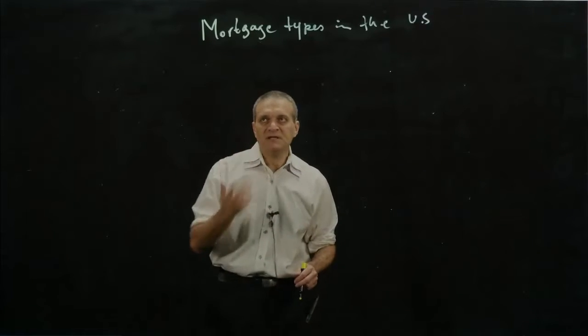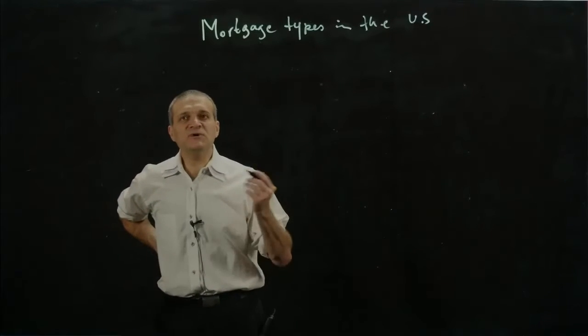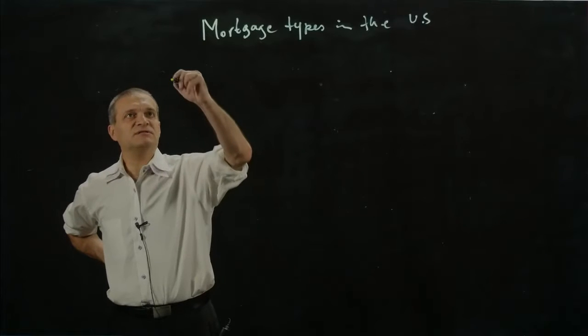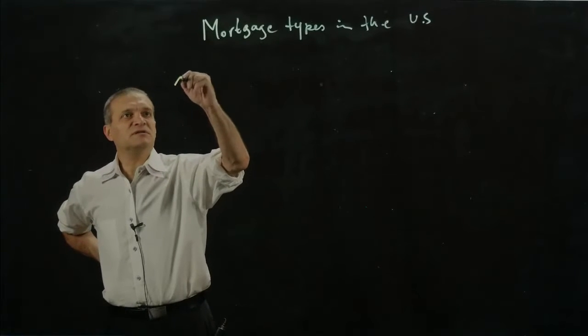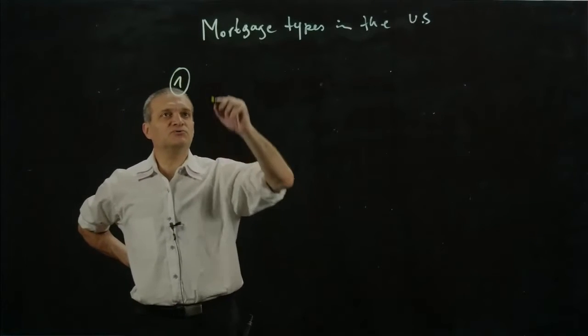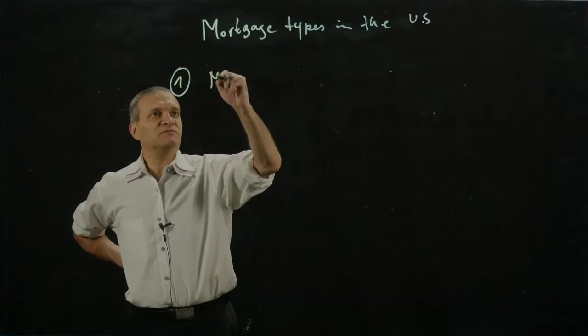Okay. So when we talk about types of mortgages in the United States, we have the following groups. First of all, we're going to talk about the maturity of the mortgage.